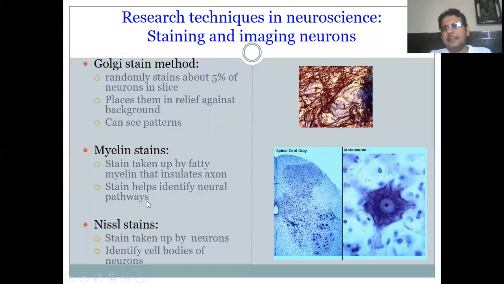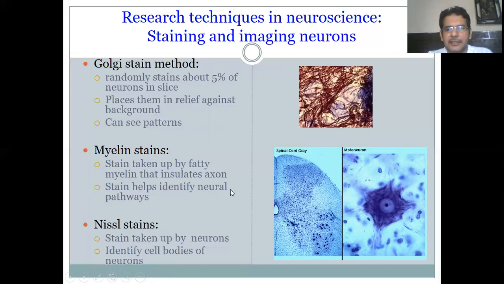Once again, as I mentioned for the previous staining method, there are specific neuronal pathways that we can study in this case. So these are the neurons that wire together for some specific behavior or for some specific reaction.